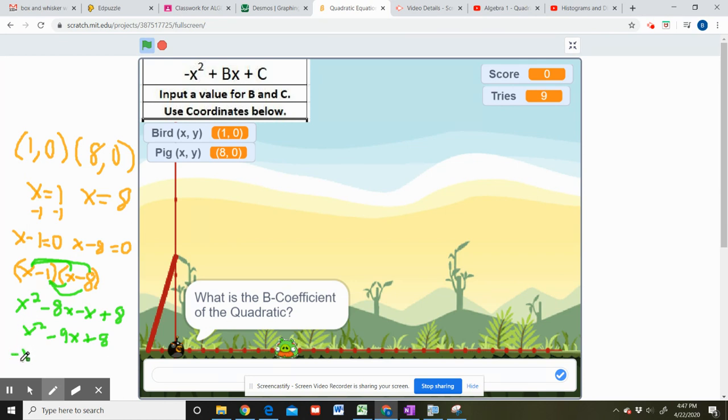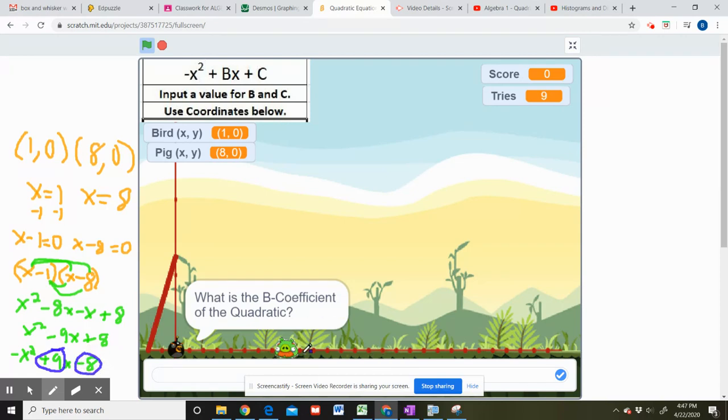If I multiply everything by a -1, I get a -x squared, which is what I wanted. -9 times -1 gives me a +9x. And then -1 times a +8 gives me a -8. All right. So now I know that when this asks me for my B, my B is going to be the +9, and my C is going to be the -8.